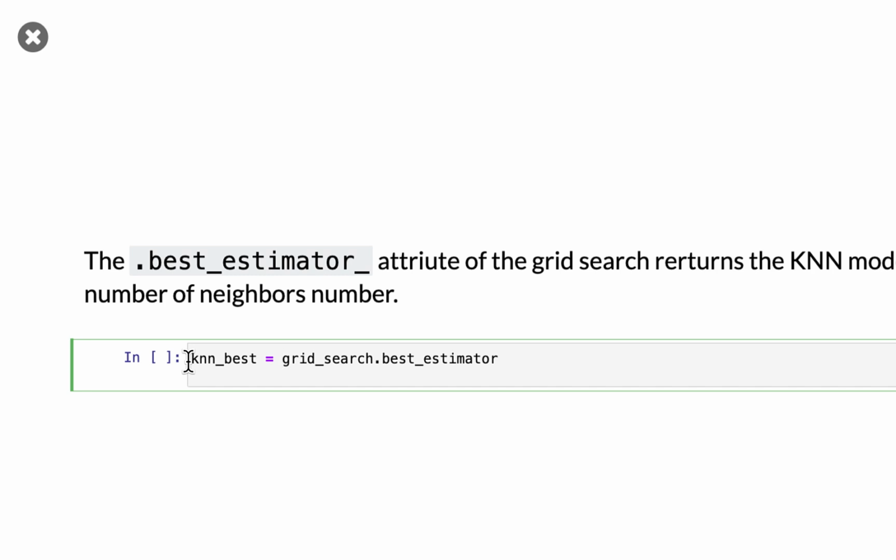Instead, it returns the best model. Right? So what I get from this command by assigning grid search dot best estimator, which actually should end with the underscore, assign it to a name called KN best. This is the KN model with 13 neighbors. This is the model.